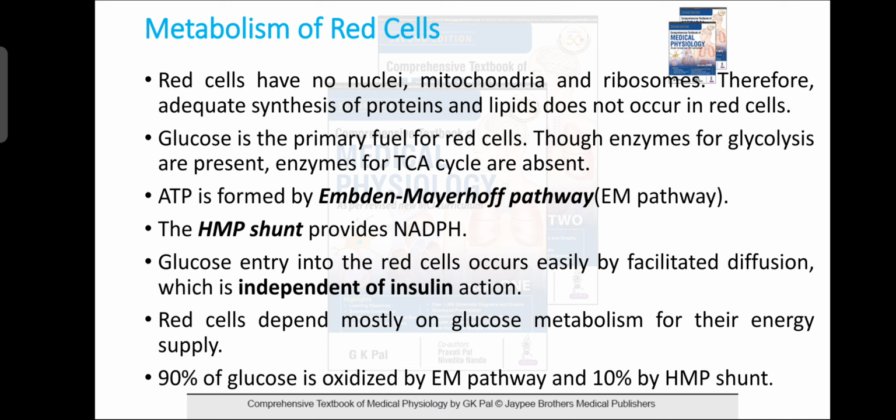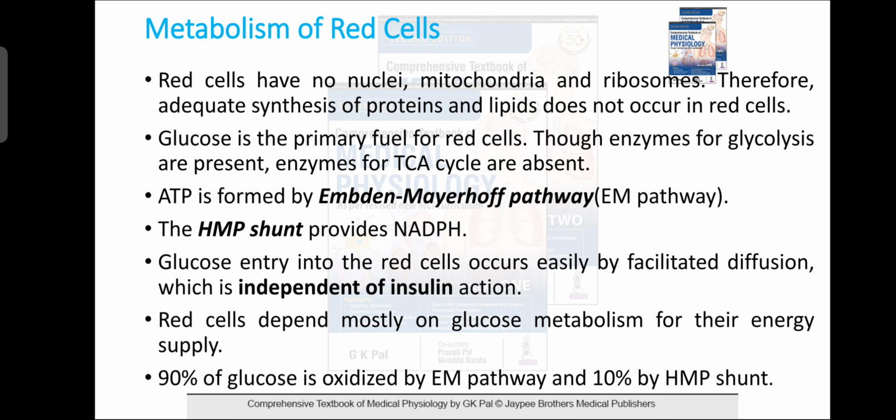Enzymes for glycolysis are present, but enzymes of the TCA cycle are absent, which you learn in biochemistry. ATP is formed by the Embden-Meyerhof pathway, the EM pathway. The HMP shunt provides the NADPH. These pathways you learn in biochemistry.